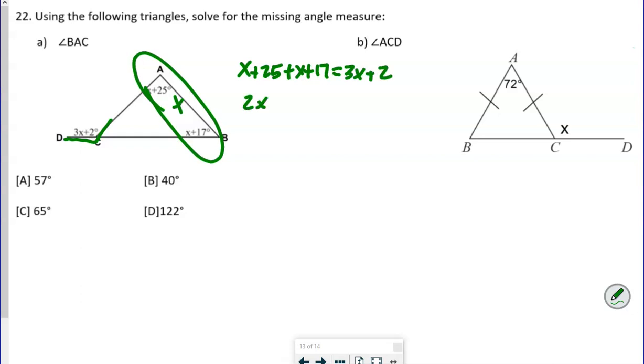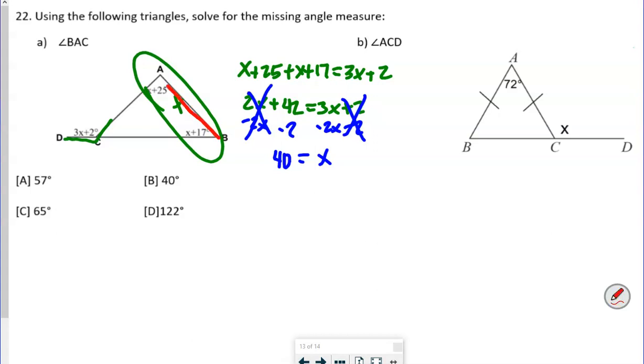So that's going to give us 2x plus 42 equals 3x plus 2. So I'm going to subtract the 2x from both sides. So now the 2x is gone, and we're left with x over here, and then I'm going to subtract 2 from both sides. So that gives me 40. So x equals 40.